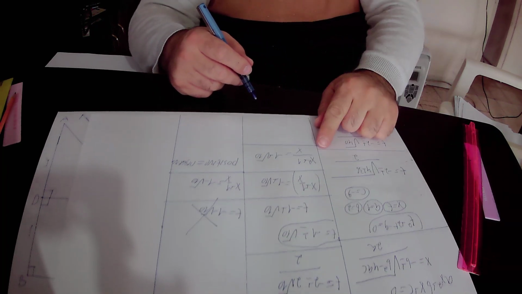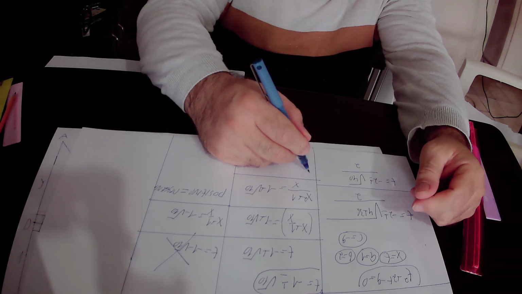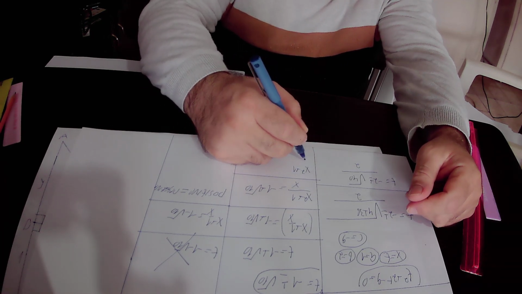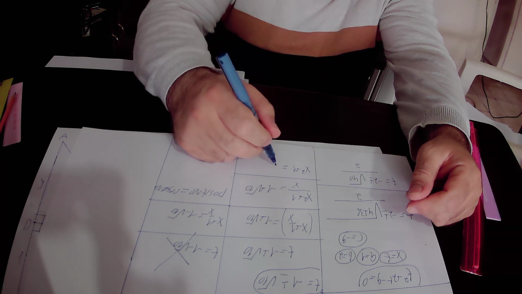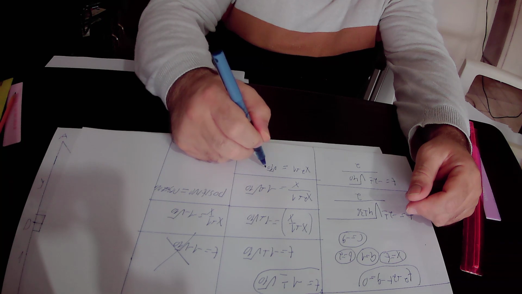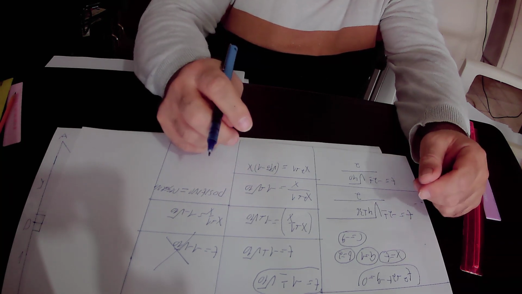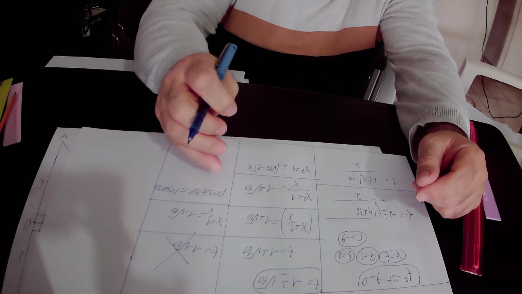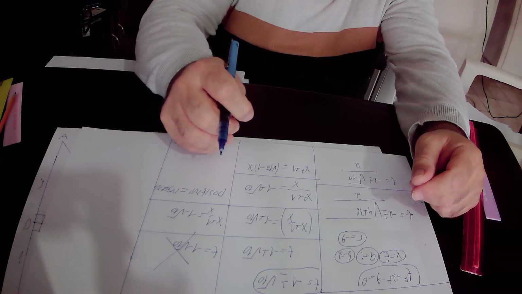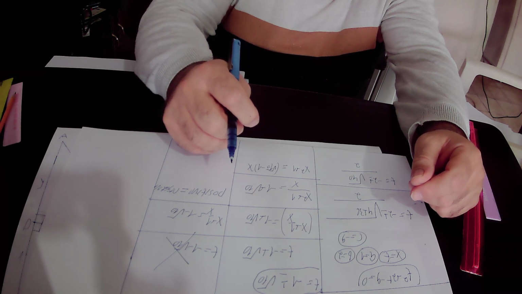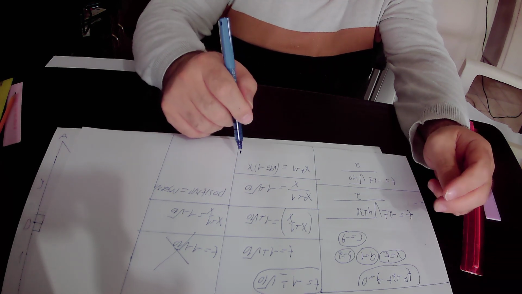Here we will multiply this equation by x, and we'll get that x squared plus 1 equals square root of 10 minus 1 times x. Here it is allowable to multiply the equation by x because, as I already said, x is a positive number, it can never be 0, therefore it is allowable to multiply the equation by x.